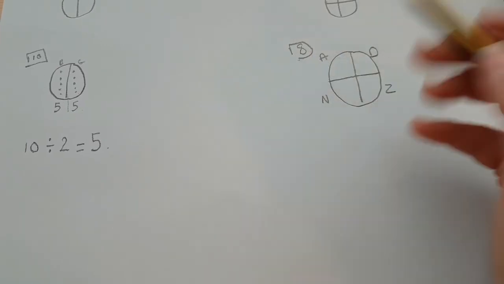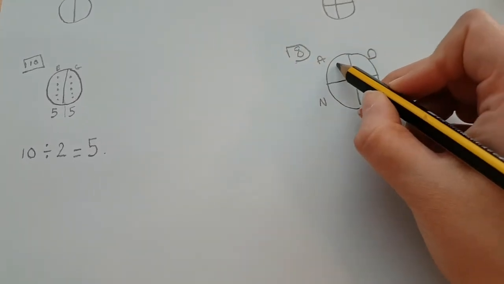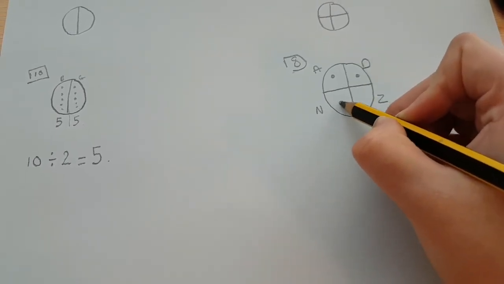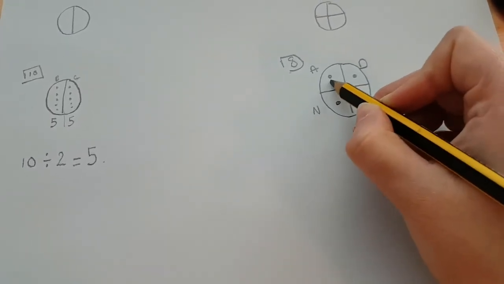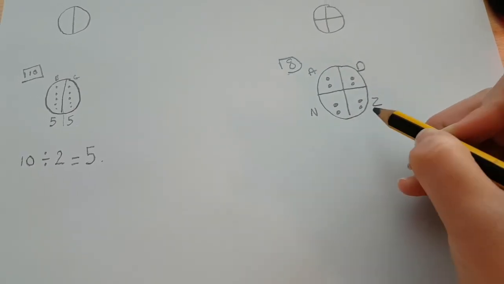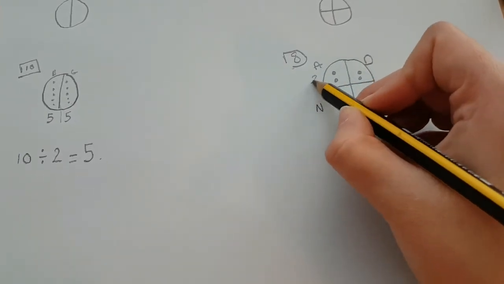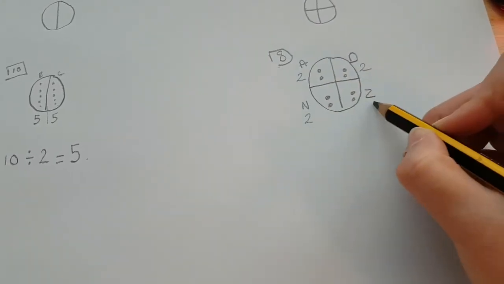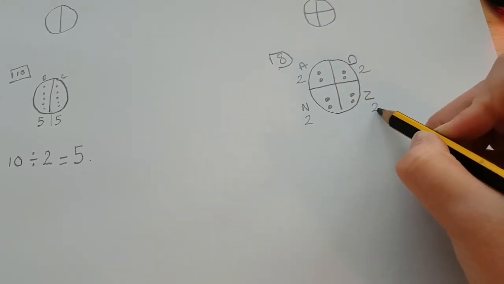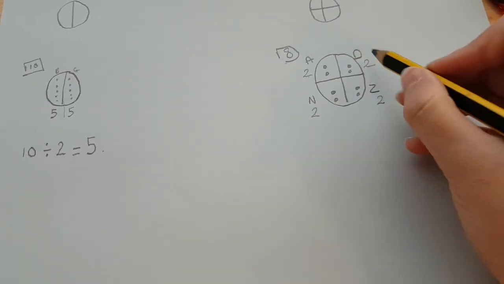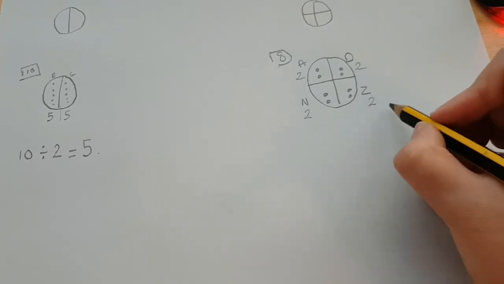Again, my altogether number is 8 and I'm going to share it fairly. 1, 2, 3, 4, 5, 6, 7, 8. Okay, Ariana has 2, Dorian has 2, Noah has 2, Zainab has 2. Okay, I've shared it out fairly. They've all got the same amount. So a quarter of 8 is 2.